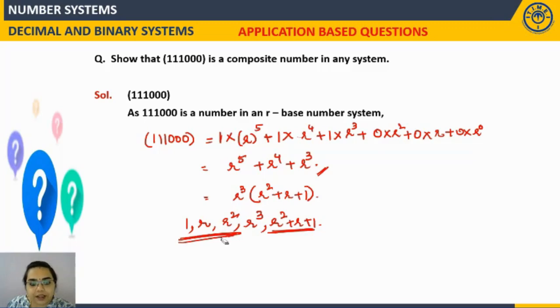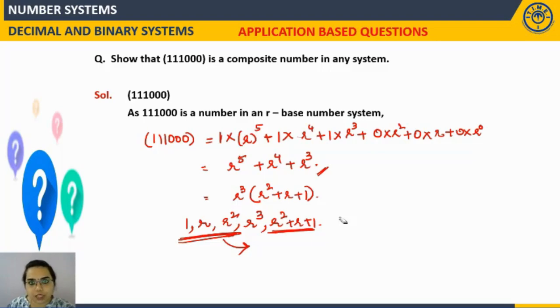Actually, I can stop right here. Since I have more than two factors, I can blindly say that this number is a composite number in any system. Since I don't know the value of R, I'm just talking about the number irrespective of the system in which it is existing. So I really need not talk about the value of R. We obviously know the value of R cannot be 0, right? It can also not be equal to 1.